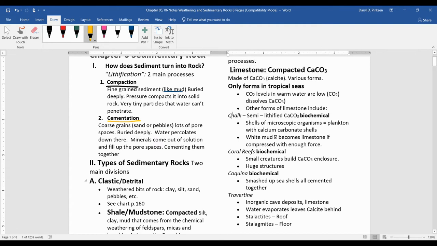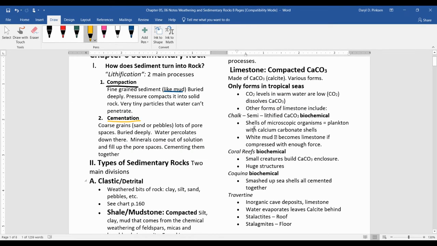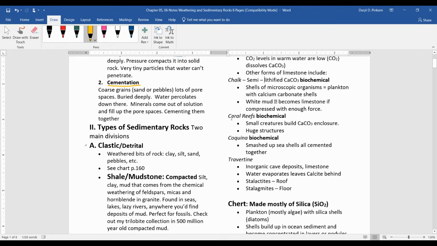But chalk is the intermediate form between just a white calcium carbonate mud and a hard limestone. You can also have coral reefs, which are also biochemical. They're the precipitated shells of these small creatures.